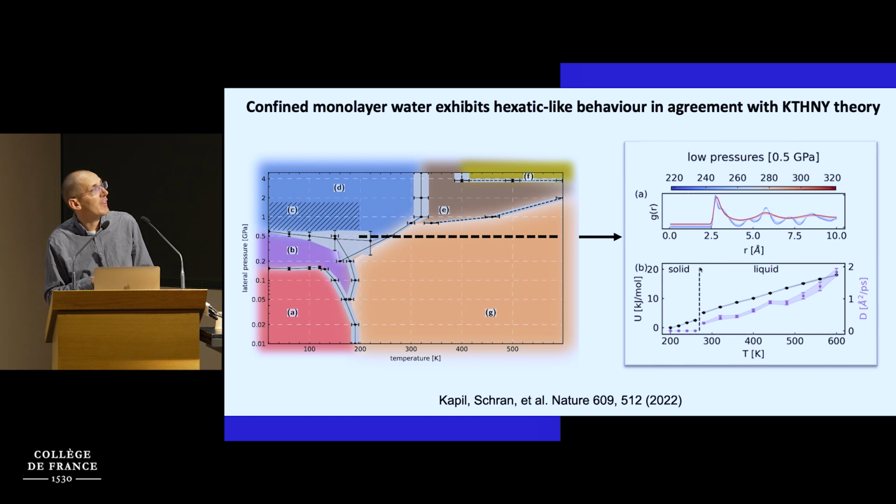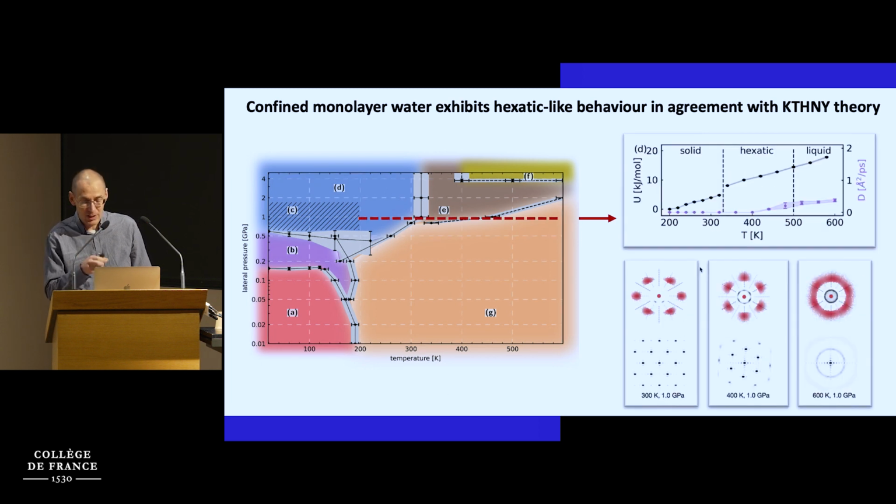First of all, if you look at the internal energy of the system, as we increase the temperature, we get a discontinuous jump. So we have a first order phase transition as we cross our phase boundary from solid to liquid. This is reflected in a jump in the diffusion coefficient, and also the 2D distribution function again shows this clear transition from a solid to a liquid.